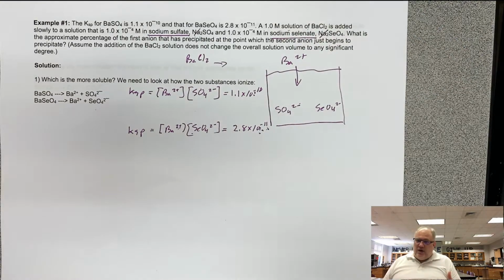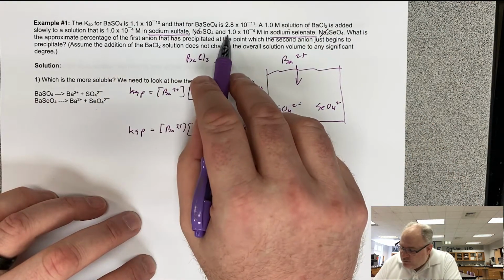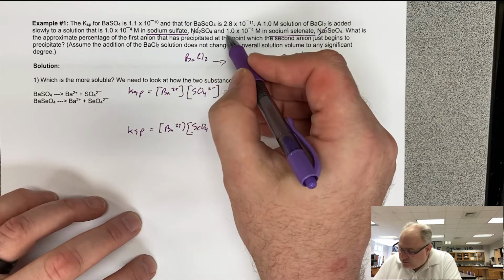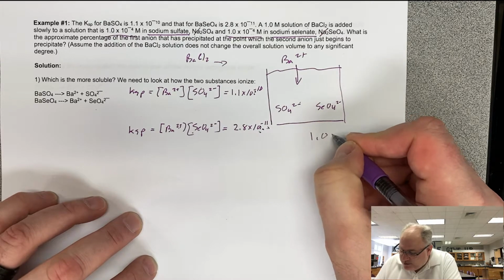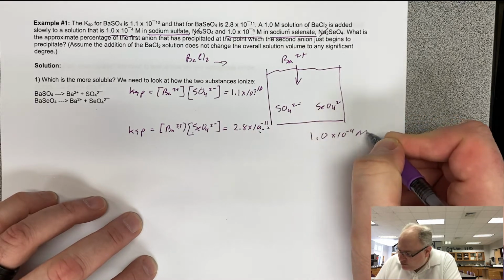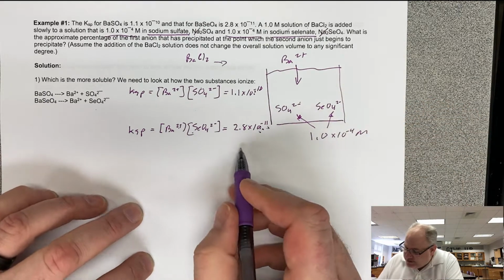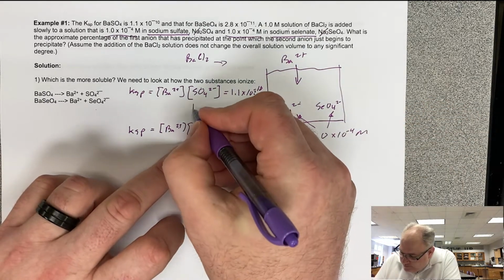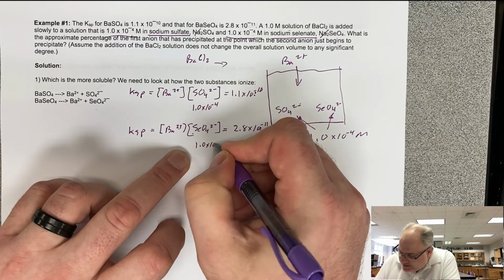Now, you could go ahead and actually do mathematics in here, because didn't they tell you that they give you 1.0 times 10 to the negative 4 molar of both of these solutions? So in our actual container, we have 1.0 times 10 to the negative 4 molar for both of these. So what you could do is plug in here 1.0 times 10 to the negative 4, and here 1.0 times 10 to the negative 4.